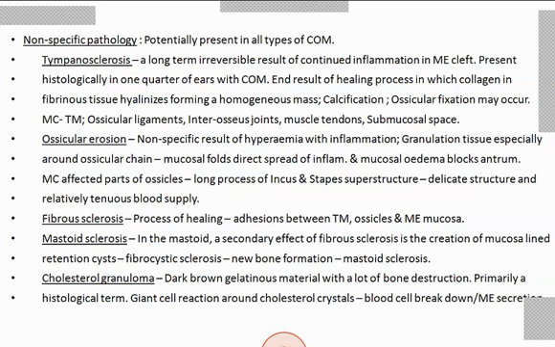Tympanosclerosis is thought to be a long-term irreversible result of continued inflammation within the middle ear. So this is present histologically in more than one-fourth of the ears with chronic otitis media. It is thought to be the end result of a healing process in which collagen in the fibrous tissue hyalinizes, forming a homogeneous mass.